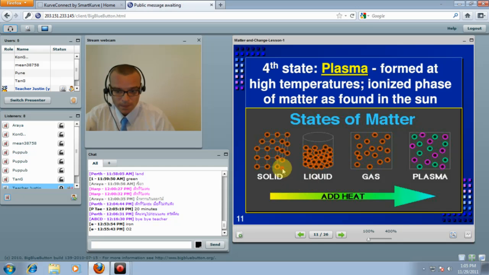And you'll see here with the solid, it's like a little Rubik's cube or something here. But all of the particles are very tightly packed together, and like I said, they will vibrate. Like all matter moves around to a certain extent, but in your solids it doesn't move too much. It can't change position.